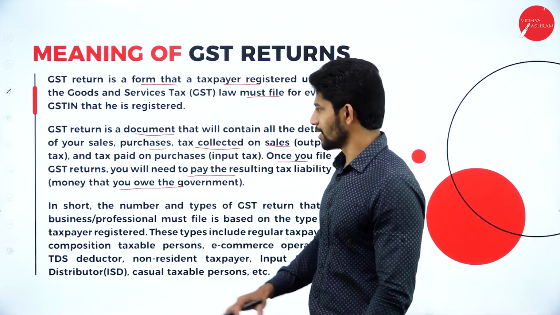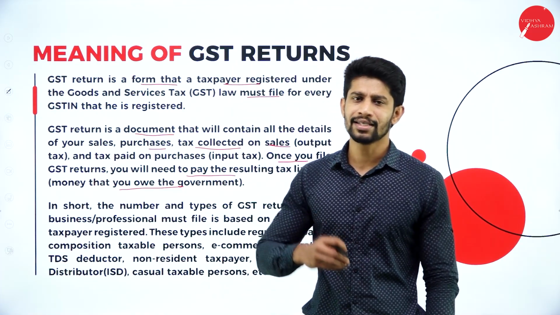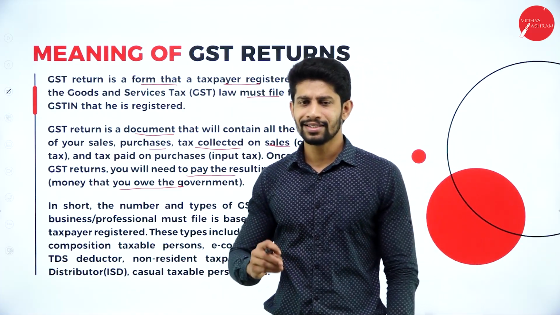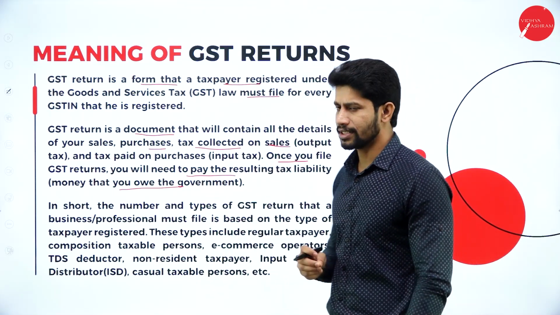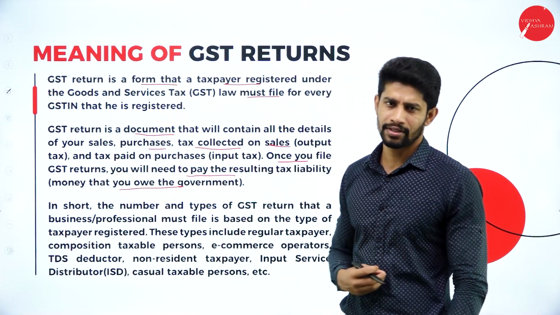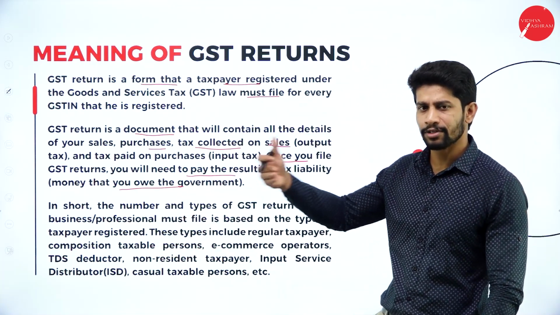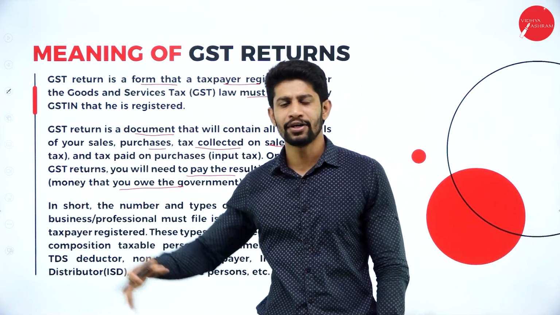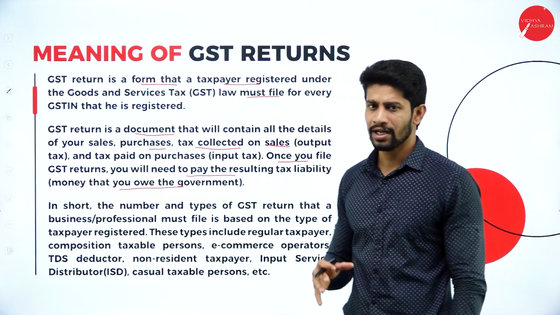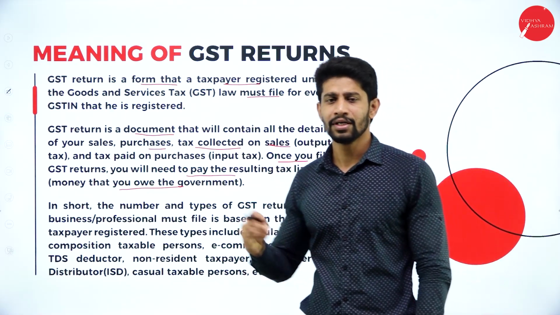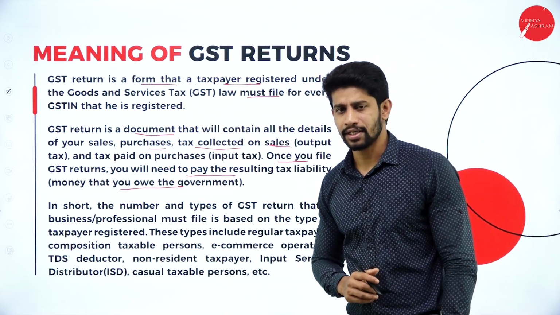So this GSTR return document will contain all the sales and purchase details with respect to a business, and what is the output tax paid on sales, what is the input tax paid on purchase of raw materials or inputs, and what is the final GST payable to the government. That details will be mentioned in the GSTR returns.